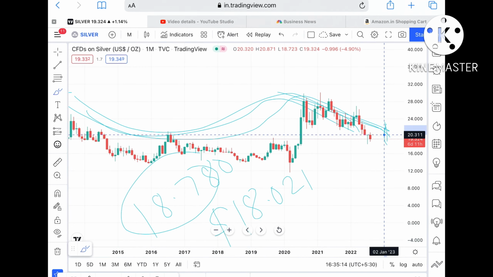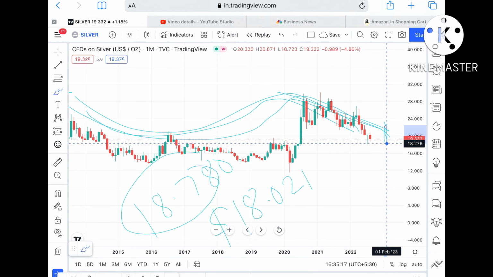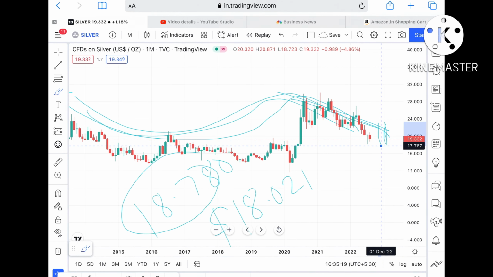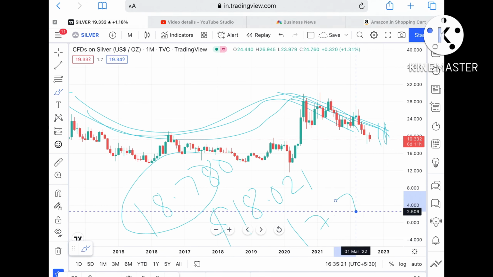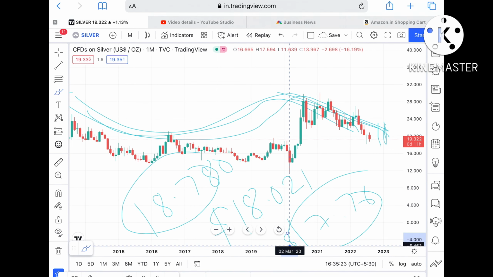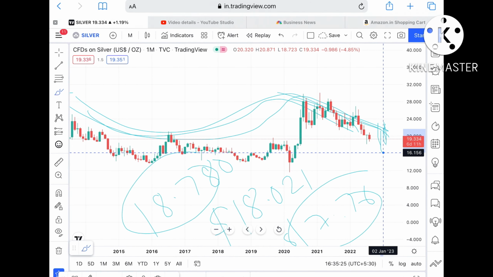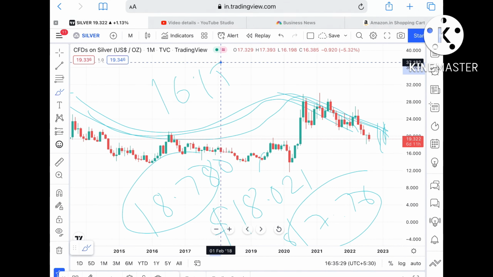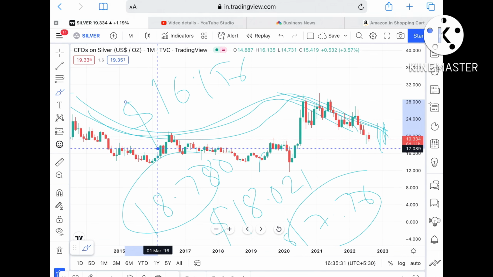Suppose the price falls below that level, then it can go further down and touch a level of $17.76. And if that level also breaks, it can go further towards $16.156.